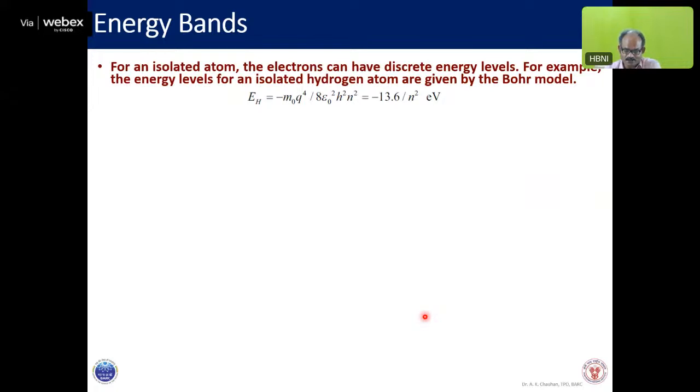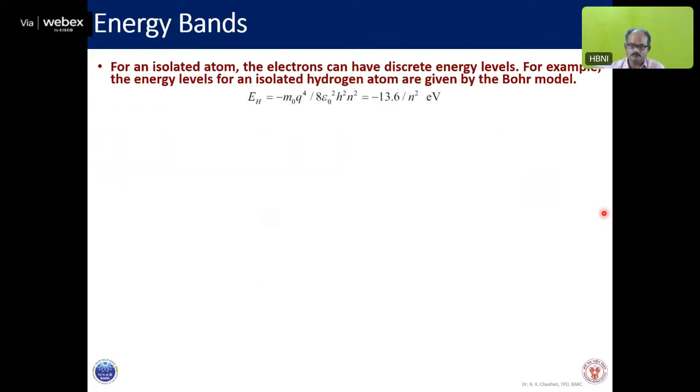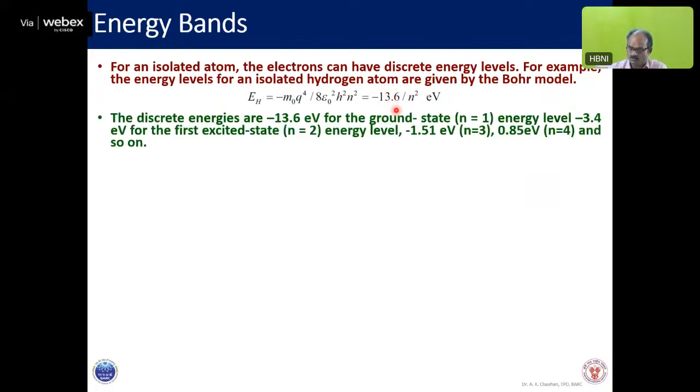For example, the energy levels for an isolated hydrogen atom can be given by this formula. Suppose you have a hydrogen atom, it will have definite energies. If you put n equal to 1, you will have one energy. If you put n equal to 2, you will have another energy. So you will have different energy levels.